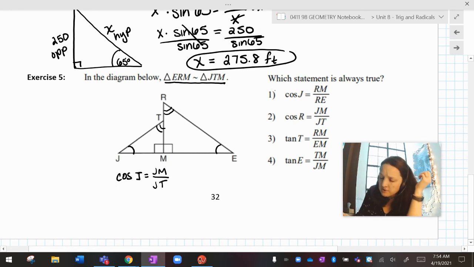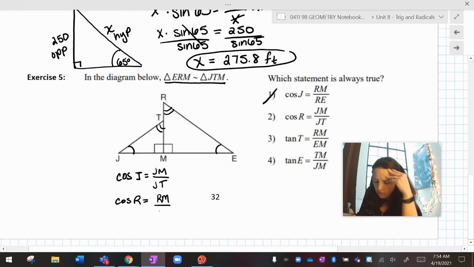All right, well, that doesn't seem to work. Let's see, what else? Cosine R equals JM over JT. Well, cosine R would be adjacent to R, that's RM, over hypotenuse, that's RE. That doesn't seem to work. Let's try again. Tan T. Well, let's see.